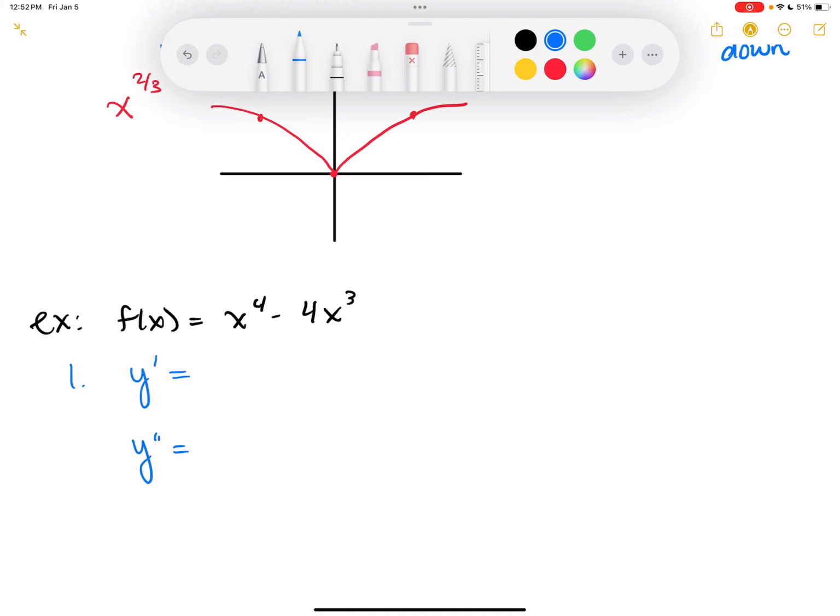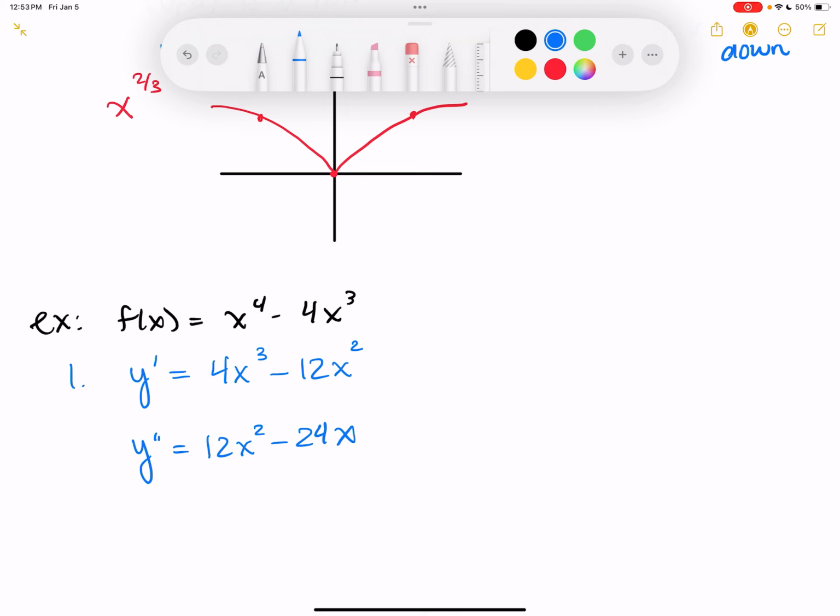So what's the first derivative? 4x cubed minus 12x squared. Second derivative? 12x squared minus 24x.